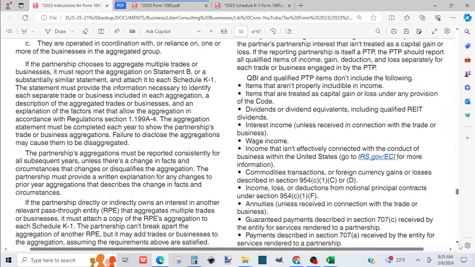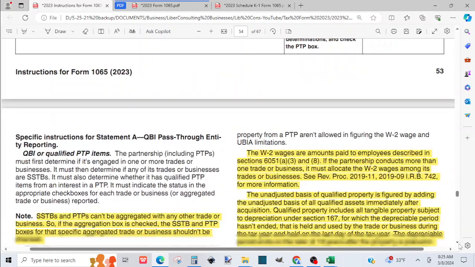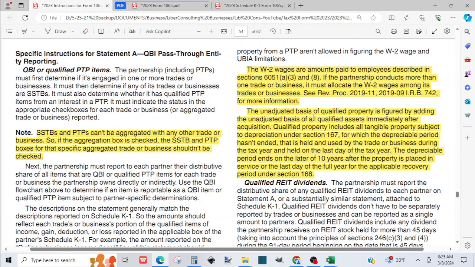I'm going to go to the unadjusted basis of qualified property, which is figured by adding the unadjusted basis of all qualified assets immediately after acquisition. Qualified property includes all tangible property subject to depreciation under Section 167 for which the depreciable period hasn't ended, that is held and used by the trade or business during the tax year and held on the last day of the tax year.